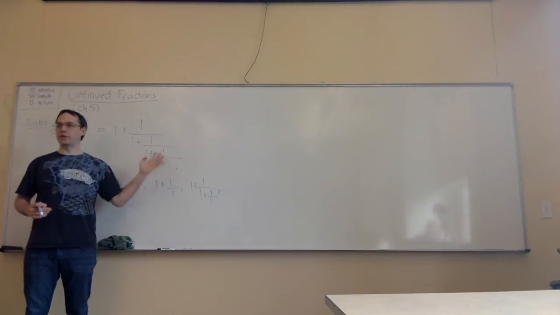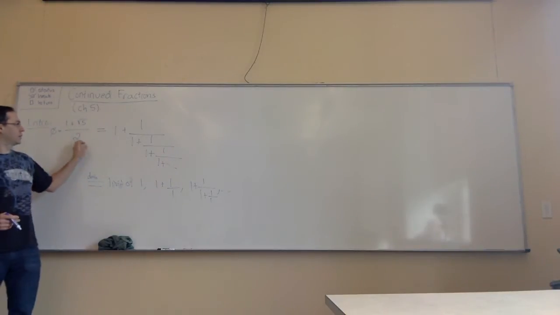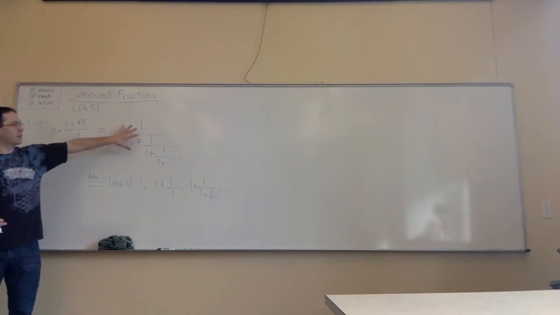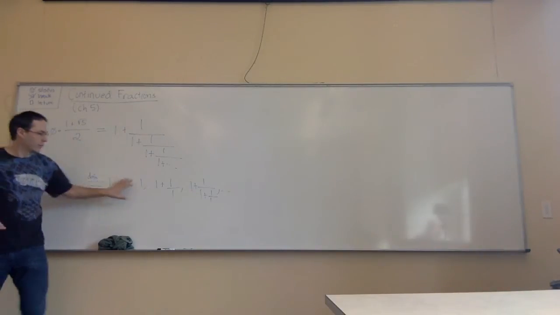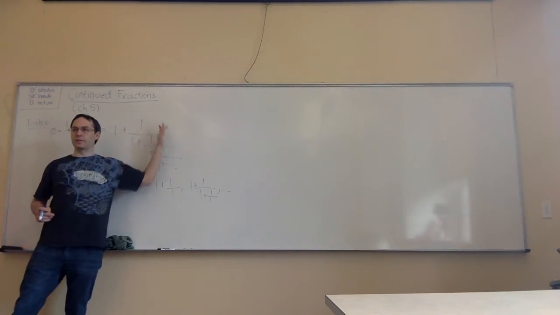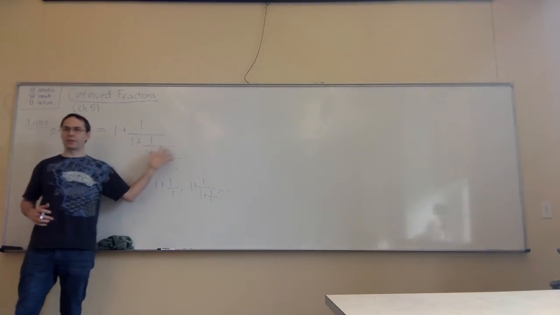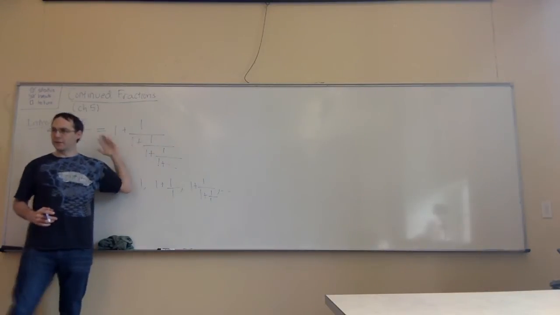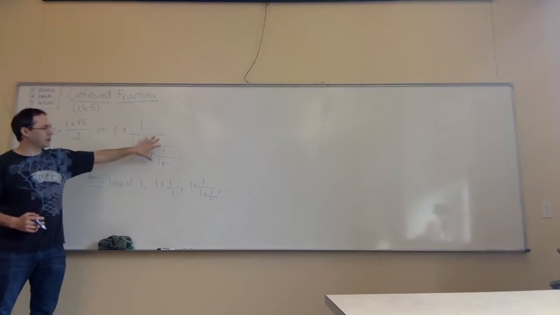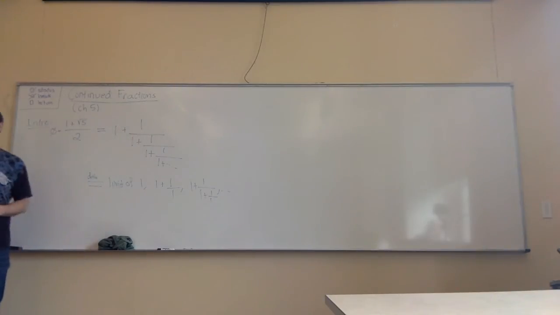It's a sequence of rational numbers, and to say that these two numbers are equal is to say that the sequence of rational numbers, which you get by taking this big arithmetic expression involving divisions and pluses and simplifying it, converges to the real number on the left. Okay, that's the claim. Now let me prove it to you.